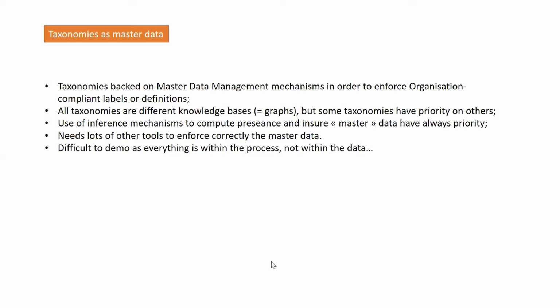So now we've got taxonomies which are backed on master data management mechanism, in order to enforce our organization-wide definitions or labels, ways of designing or displaying things. These taxonomies may be existing taxonomies, such as geographical areas, but also very simple taxonomies for which sometimes there's no label.